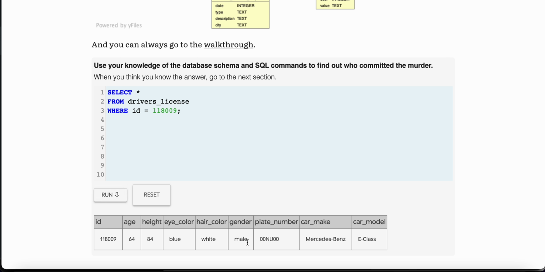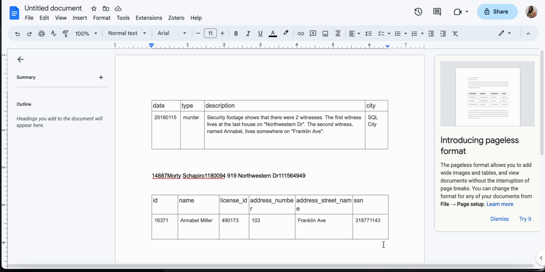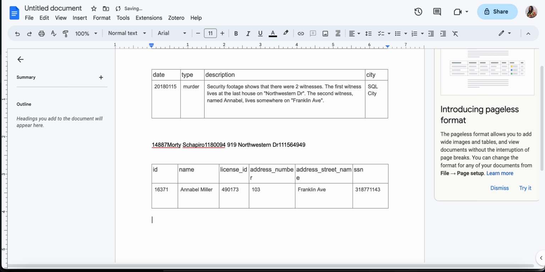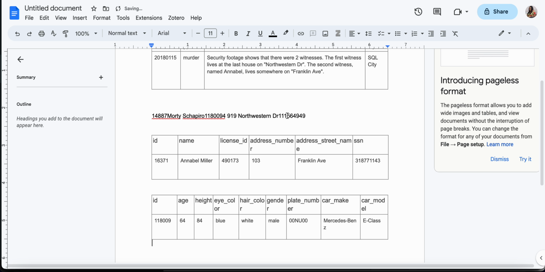Oh, great. So this is his age, this is his eyes, and so on, he has a Mercedes Benz, and the class model is this. So many details about Shapiro have been gotten, and we copy that. Now let's check for Annabelle. What can we find about Annabelle?